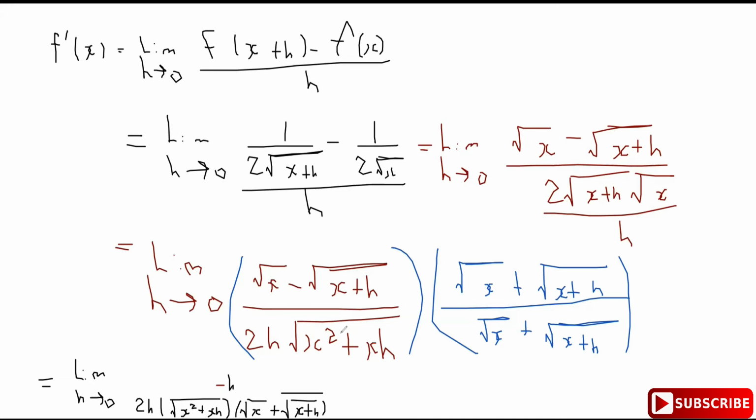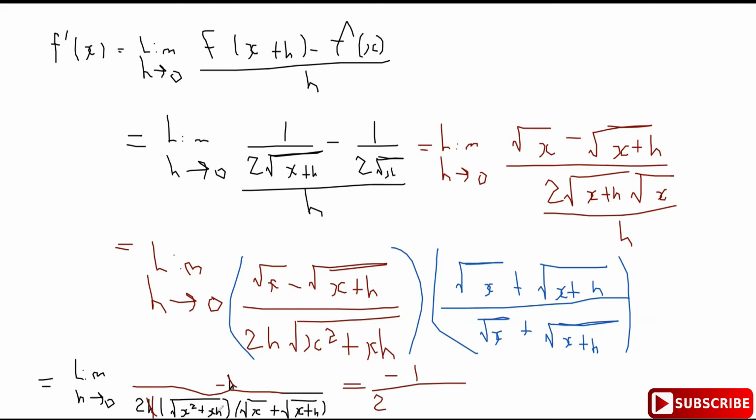All we're left with is minus h over this. Now this h cancels this h, so we can apply the limit when h is 0, because we've finally canceled out the h. So we get minus 1 over 2 times, plug in h as 0.